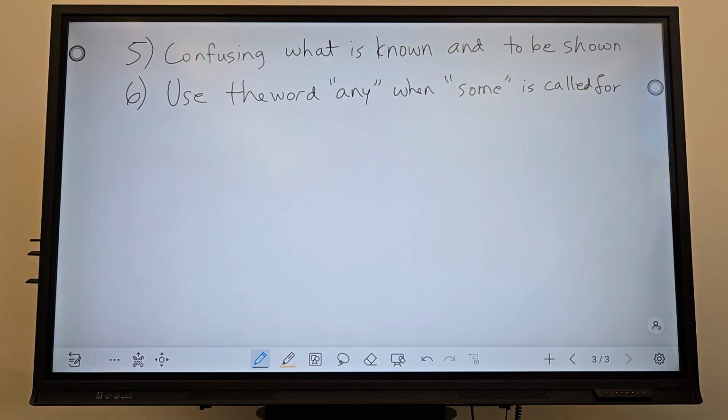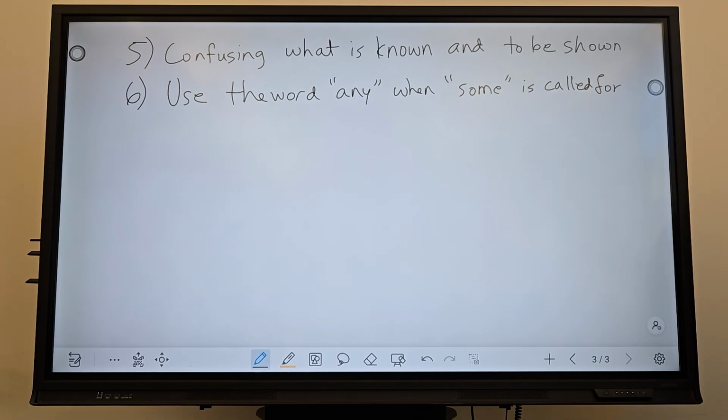By the definition of odd, n equals 2a plus 1 for any integer a. Not any integer a, just one particular integer a. So it would be for some integer a. So, confusing of the words any and some.